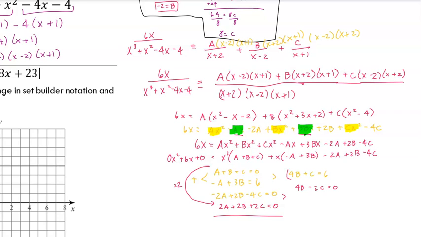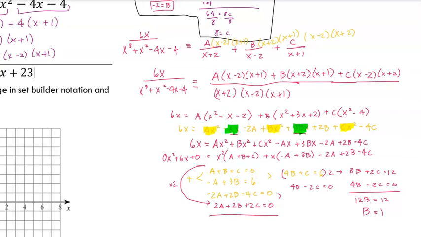And then I can just multiply this by a 2. So that's going to give me an 8b plus 2c equals 12. 4b minus 2c equals 0. That's going to give me 12b equals 12. So that's going to be b equals 1. Oops. Got my b.